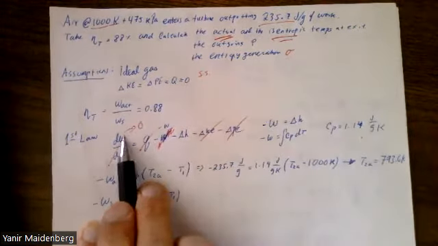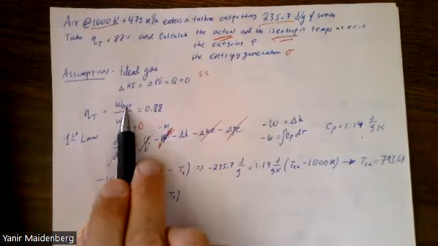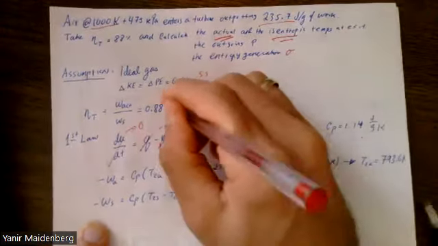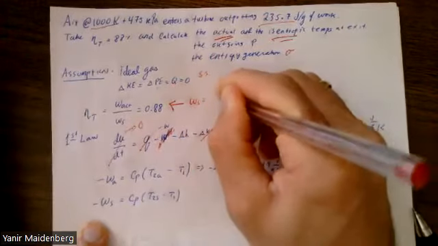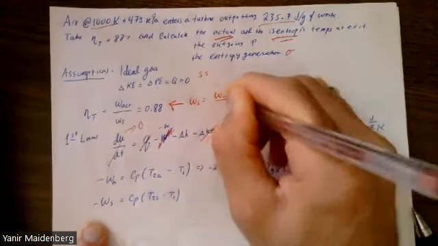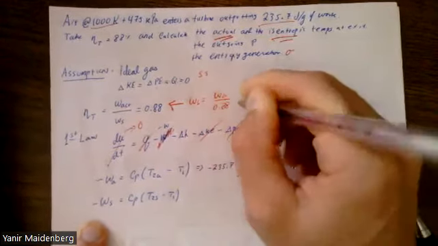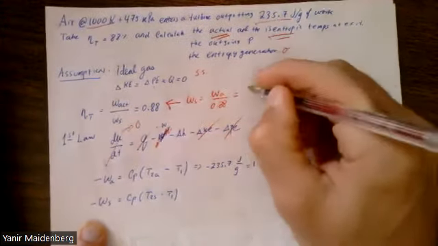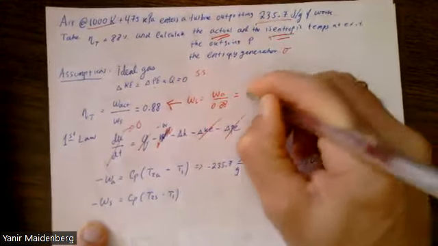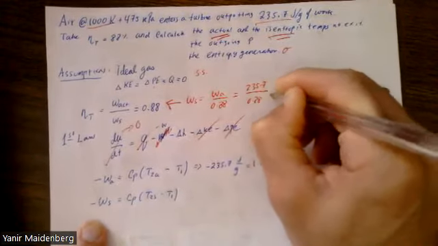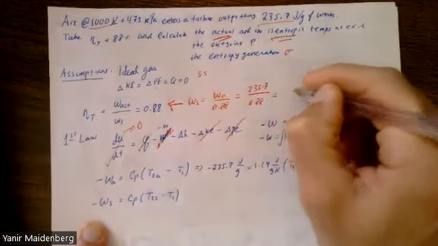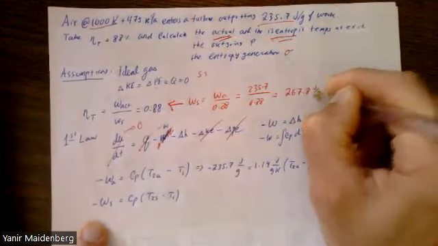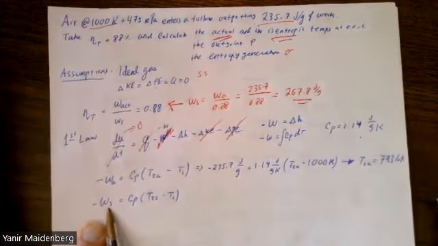So work S is equal to work actual divided by 0.88, which is 235.7 divided by 0.88, and it's 267.8 joule per gram.